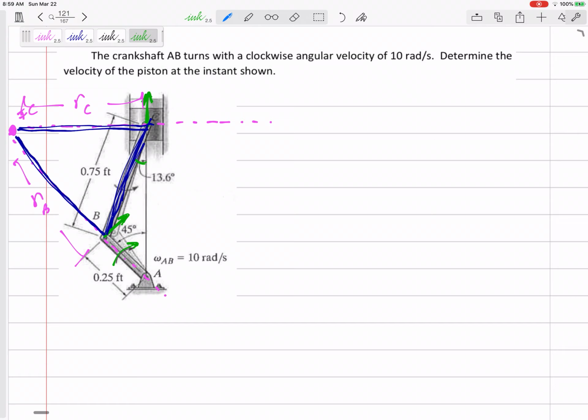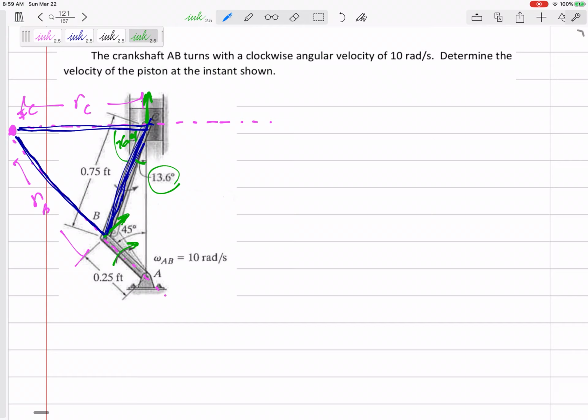If I know this angle right here is 13.6, then shouldn't that angle add up to 90 degrees? And so this one is 76.4. Okay, and now if I can just get one more of those angles, then I know that the three angles inside of a triangle should add up to 180 degrees.